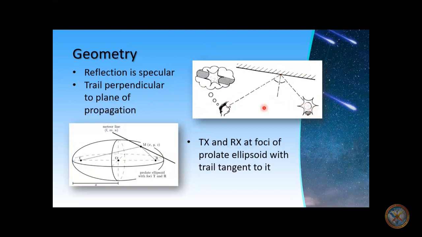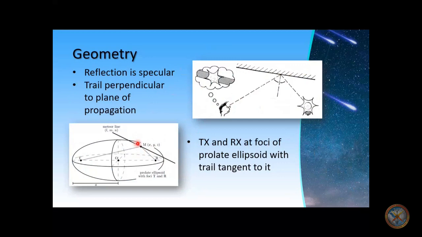You can imagine a plane through that. I've got a diagram on the next page that shows that a little bit better. And that's basically equivalent to the transmitter and receiver being at the foci of a prolate ellipsoid with the trail tangent to it.